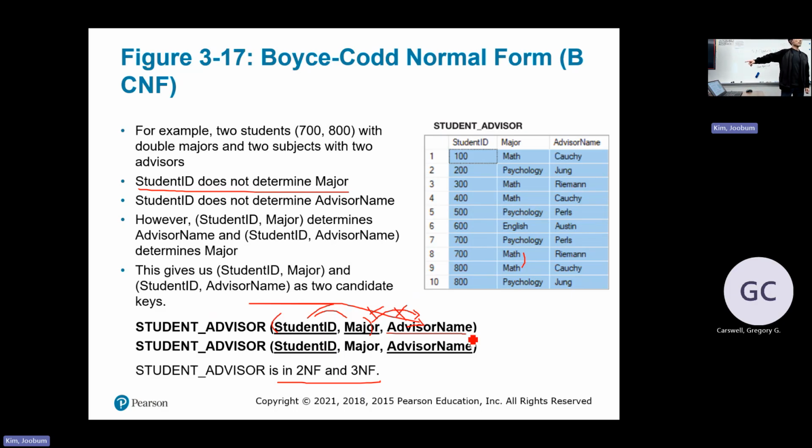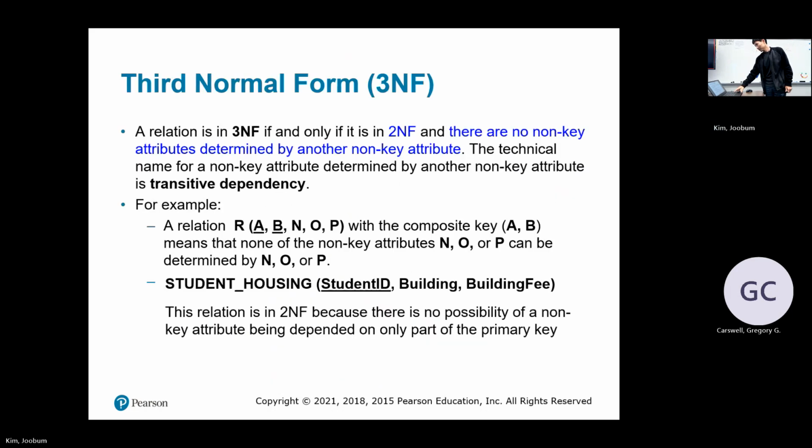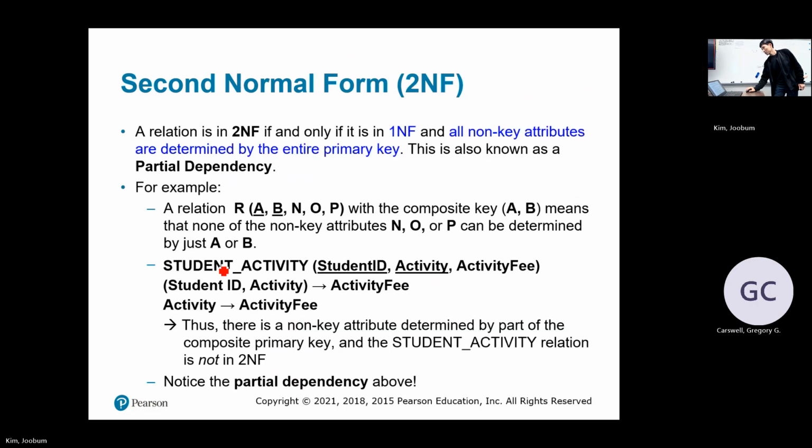So you satisfy the partial dependency. Okay. So to be in second normal form, none of the non-key attributes can be determined by A or B. Only the entire composite primary key should determine the non-key attribute.